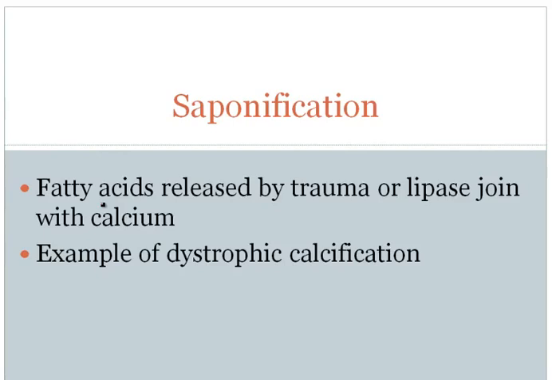Now, this is a derivative point, but it gives us an opportunity to touch on a high-yield idea: saponification is an example of something called dystrophic calcification. Let me take a step back and remind you that generally speaking, calcium does not deposit in tissues of the human body.